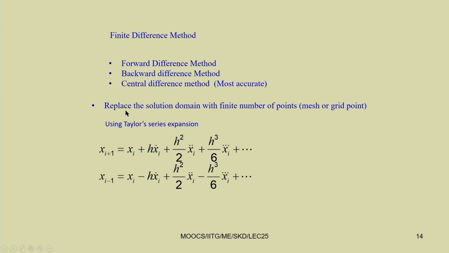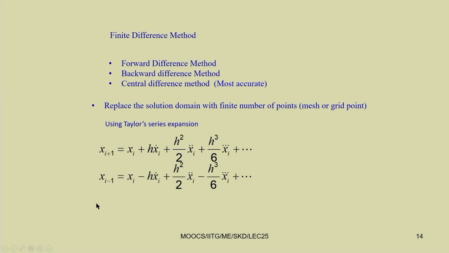We can replace the solution domain with a finite number of points, mesh or grid points, and then by using the Taylor series we can write x I plus 1 equal to x I plus h x I dot plus h square by 2 x I double dot plus h cube by 6 x I triple dot, and this way, neglecting the higher terms. So, we can write x I plus 1 equal to x I plus h x I dot plus h square by 2 x I double dot.